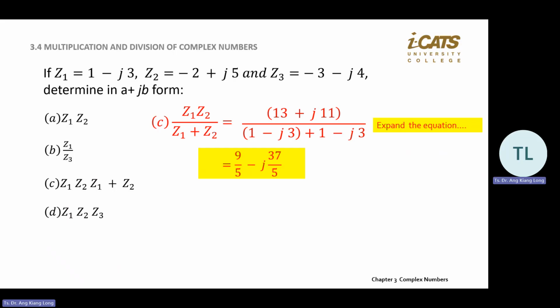So 13 plus 22. Correct. Negative. Sorry. J squared into minus 1. Or negative.